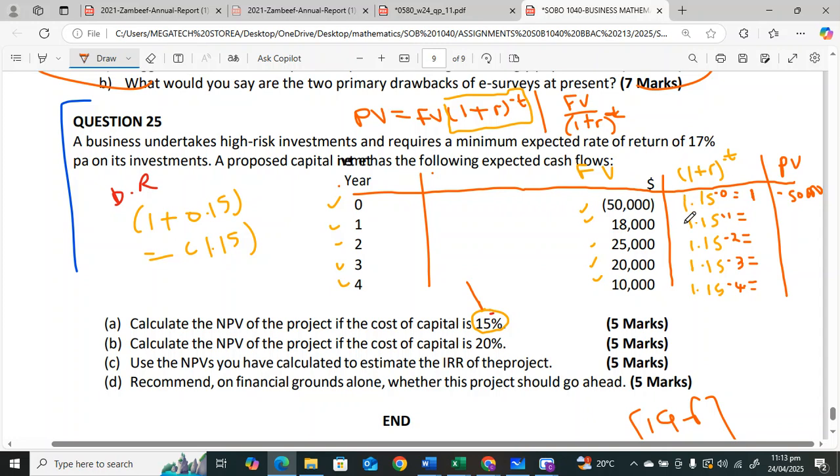So we go to year 1, 1.15 to the power negative 1. What do we get? 1.15 to the power negative 1. Okay, so we'll use 0.87. 18,000 times 0.87.